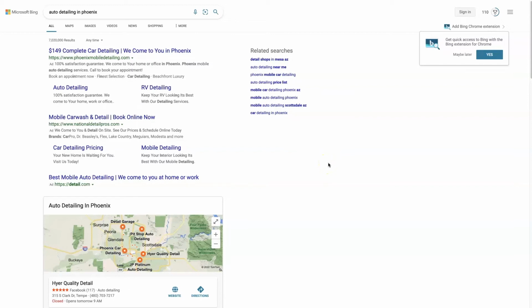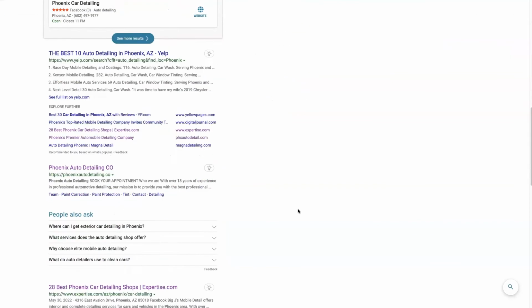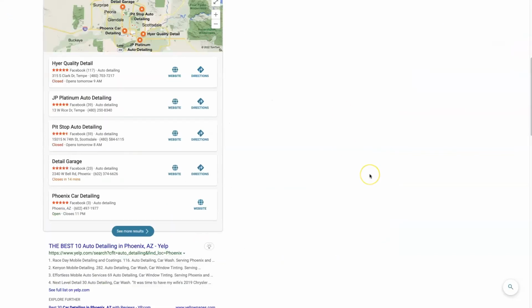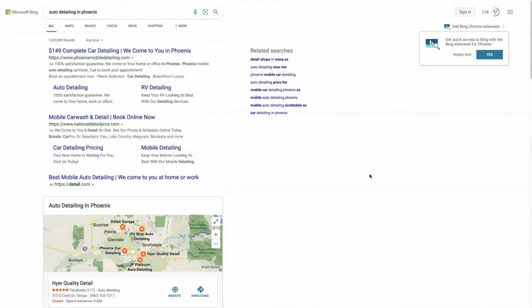So anytime they do a search, they just automatically come to Bing and see these results. They don't even know that they're using Bing or that it's different from Google. In fact, you'll notice that they look almost identical, and Microsoft has done that intentionally so that people just think they're using Google. At least that's my take on it. I don't know for sure if that's the reasoning behind it.